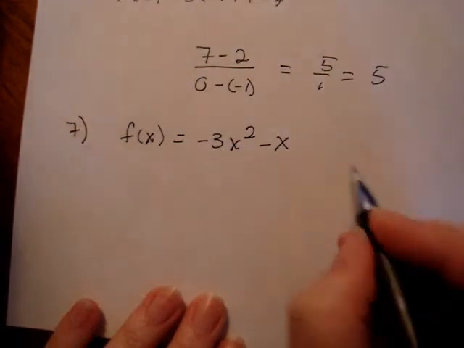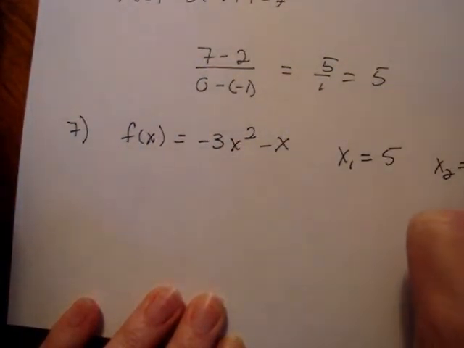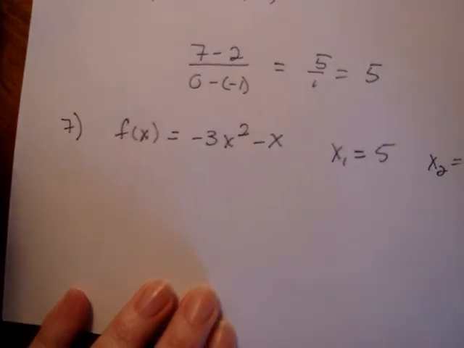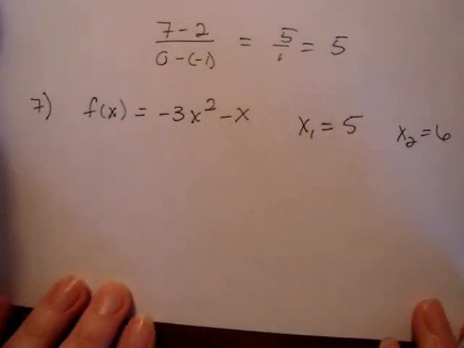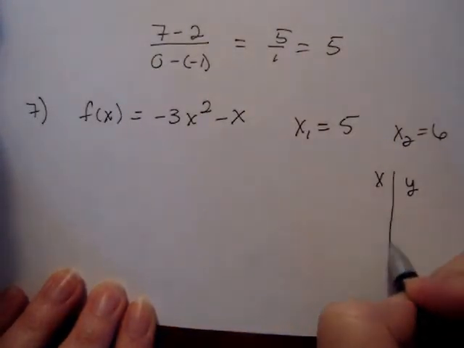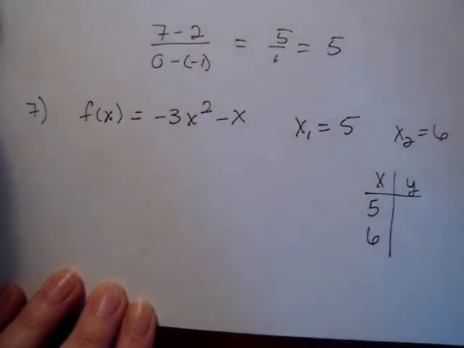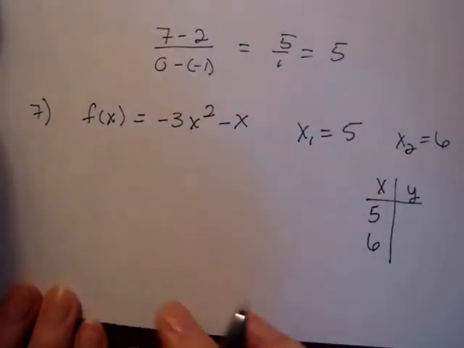So what's our x1? x1 is 5, x2 is 6. Remember, the first thing you have to do is find the y's that go with those x's. So I make my xy table. X1 is 5 and x2 is 6, and I plug them into my function to find the y's.